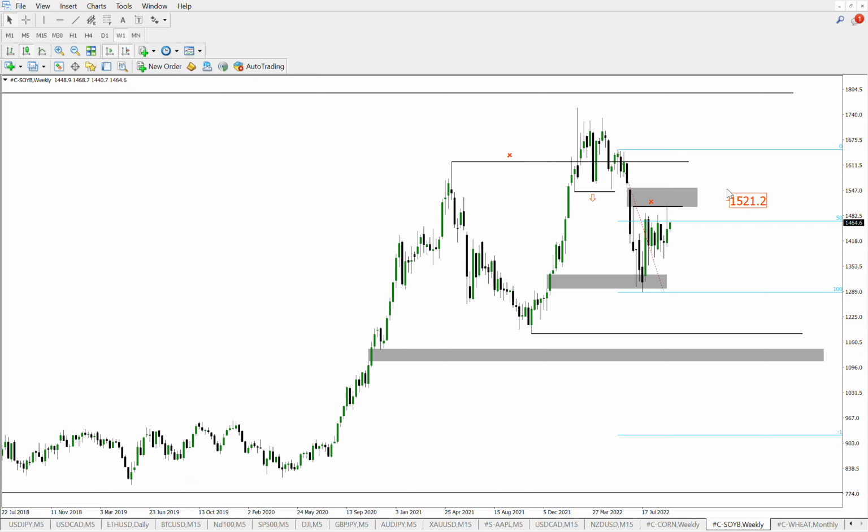If we look at potential institutional levels that we can get in at, 1520 is a great level to be looking at to go short.